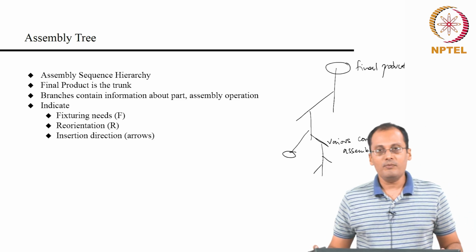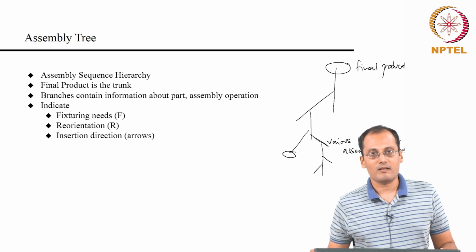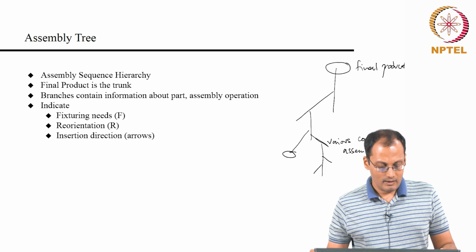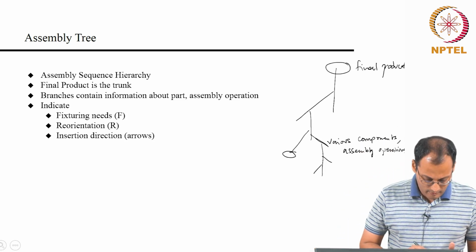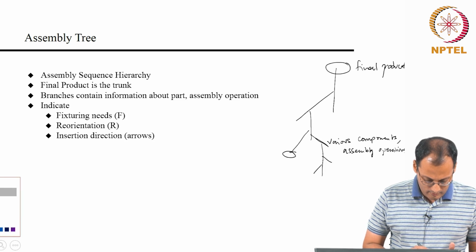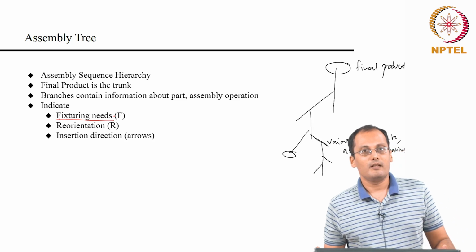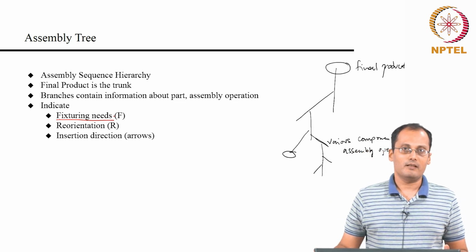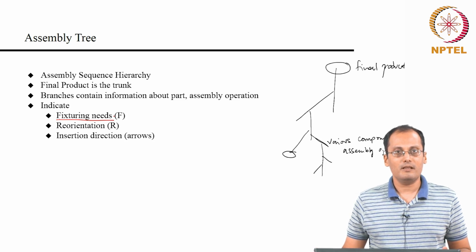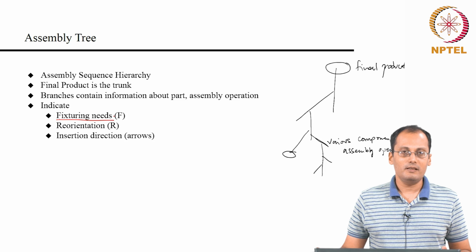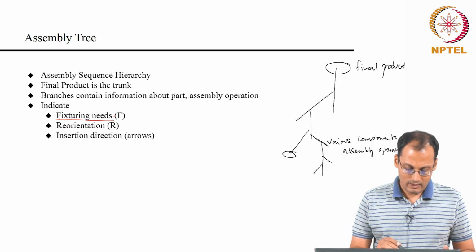So, some of the attributes of assembly that are indicated in the branches of this assembly tree are whether there is a requirement for fixturing, because several operations might need fixtures either to enable the operation to be completed or for the quality of that assembly operation and repeatability of the assembly operation.